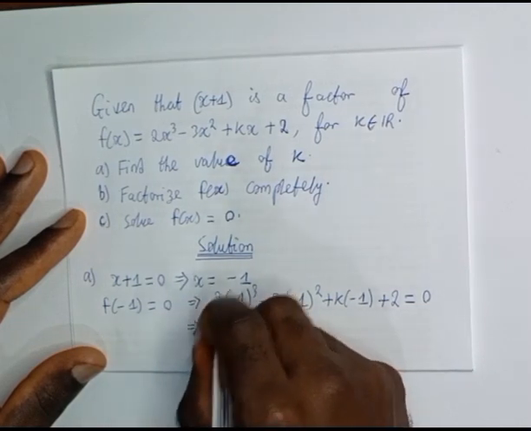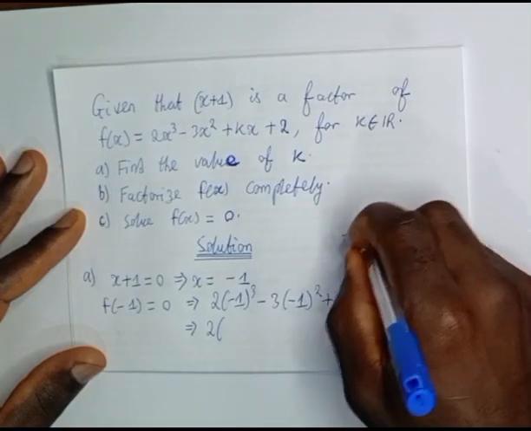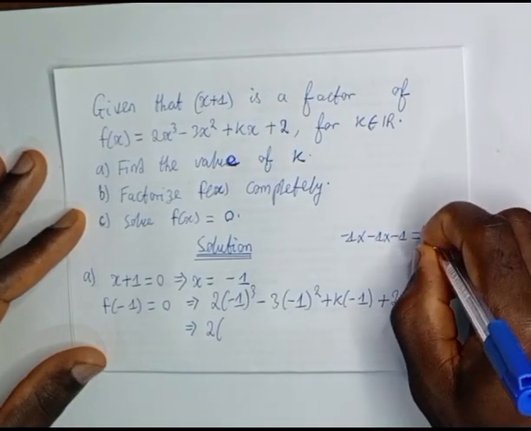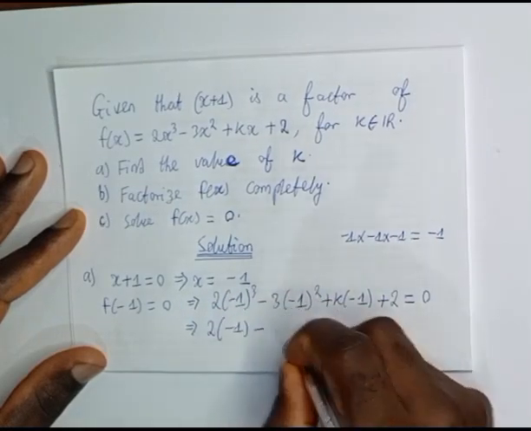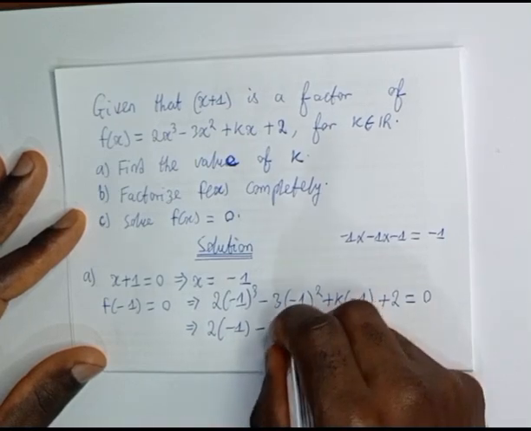Then 2 times negative 1 cubed: negative 1 times negative 1 times negative 1 is equal to negative 1. Minus 3 times negative 1 squared gives us 1.